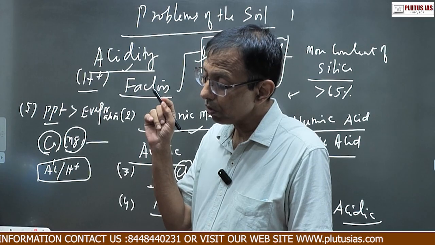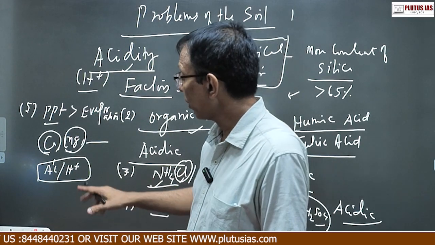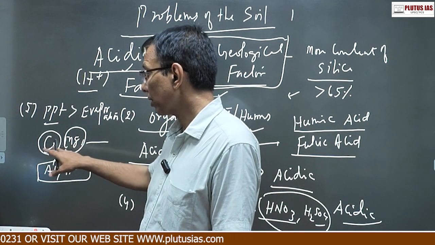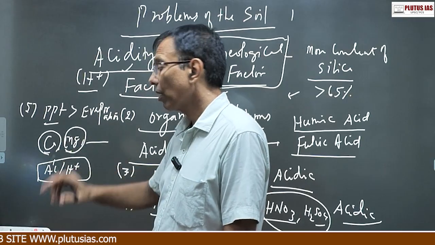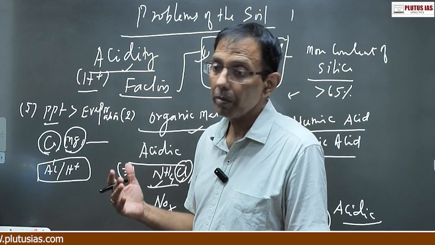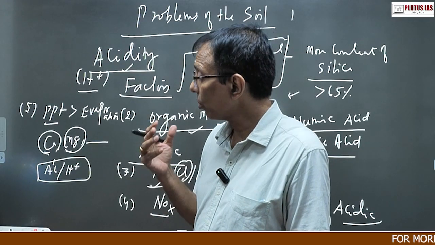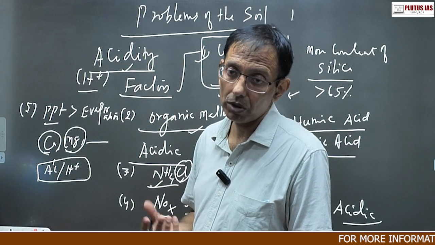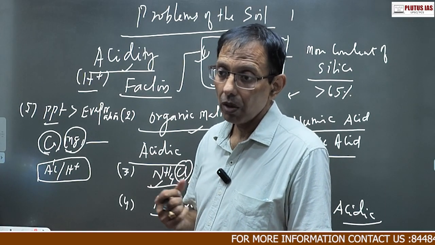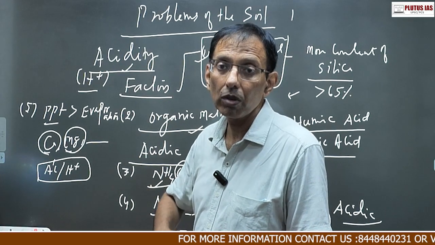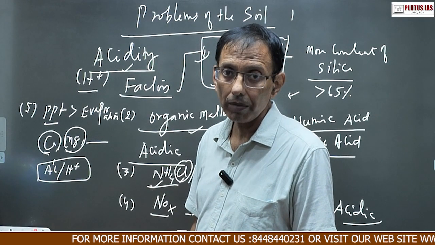If more and more CO2 is released to the soil, this CO2 will react with calcium and magnesium, making calcium bicarbonate and magnesium bicarbonate, and those bicarbonate compounds dissolve and will leach down to the water table.